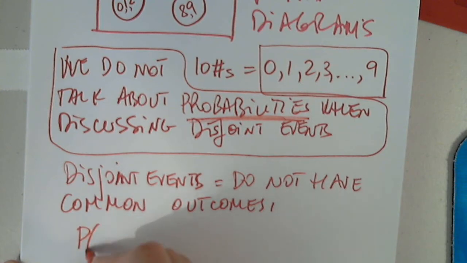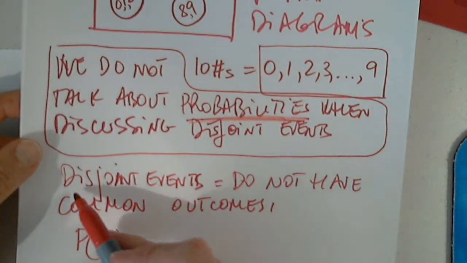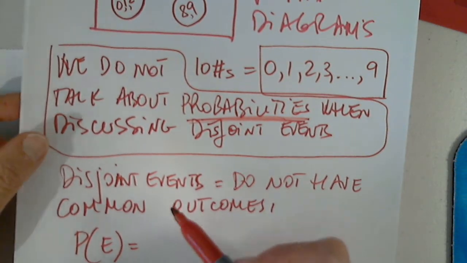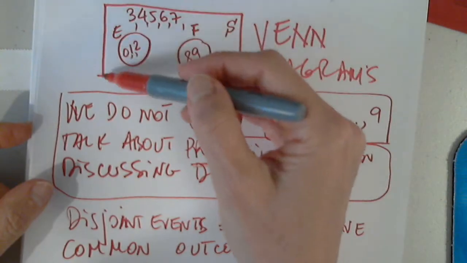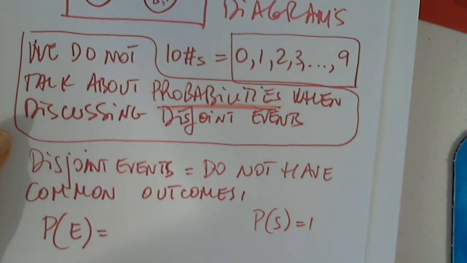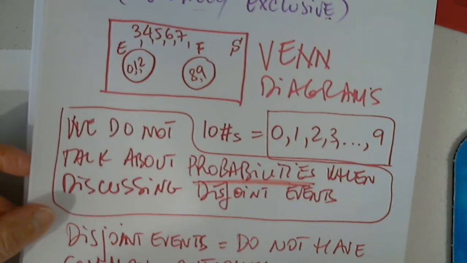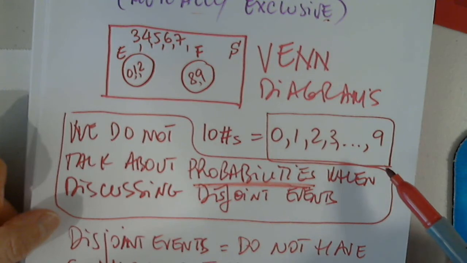What is the probability of event E? Now we talk about probabilities, but not based on the fact that they are disjoint or not. So, first of all, the probability of the sample space is 1, for sure. But what's the probability of E? All items are equally likely.